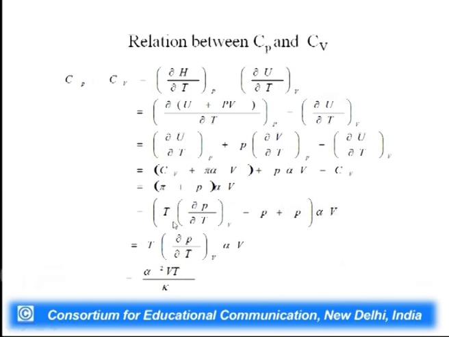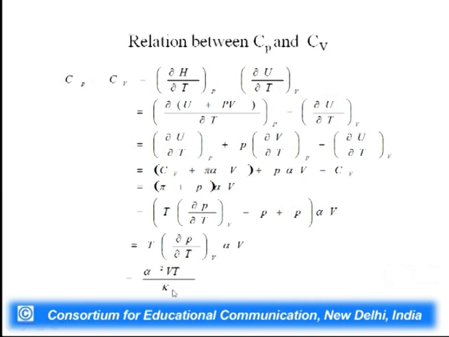Internal pressure is given as T del P by del T at constant V minus P, and plus P from this, multiplied by alpha V. P cancels out. What we are left with is T del P by del T at constant V into alpha V, and that is nothing but alpha square VT by kappa.